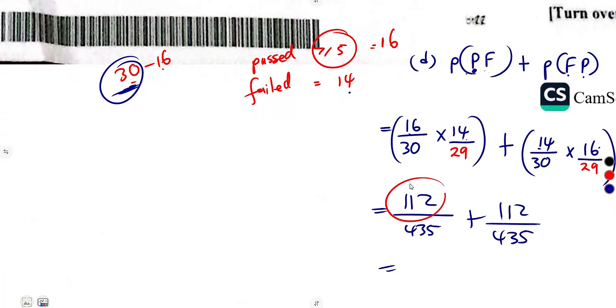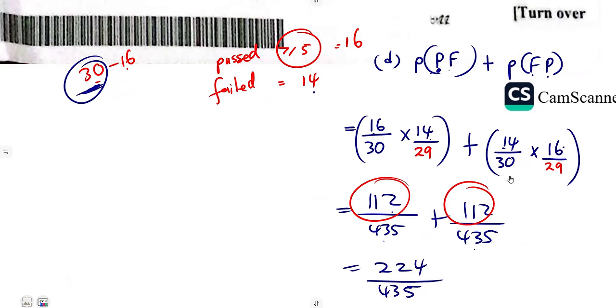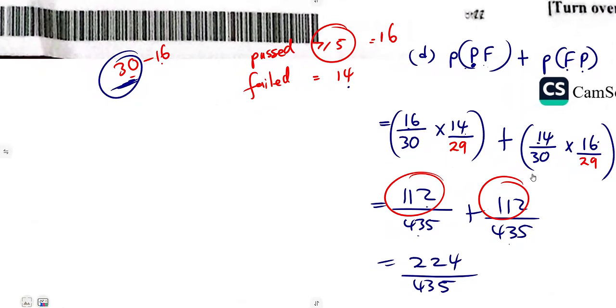But like I said, it's paper 2, you can just use your calculators. So adding the numerators, it is 224 over 435. That is our probability as per the given question.